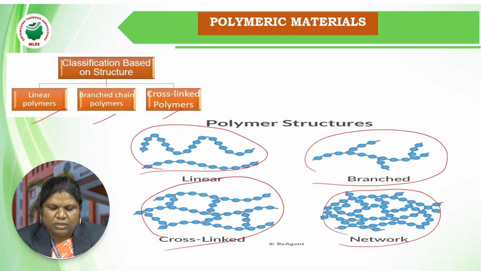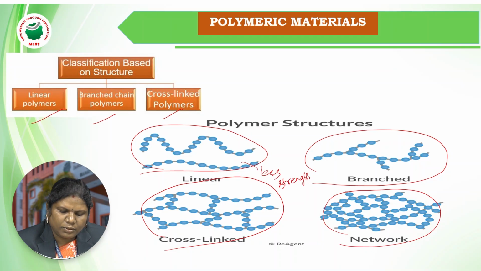Based upon the structure, the linear polymer chain will have less strength when compared to the branched and the cross-linked polymers. Network polymers will have more strength. Why? They have the branch structure.